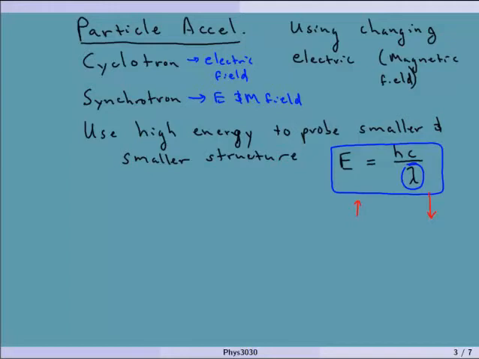And there are two main ways that we look at particles. So I can shoot particles at other particles, this is way one, at other particles, and watch how they bounce off.